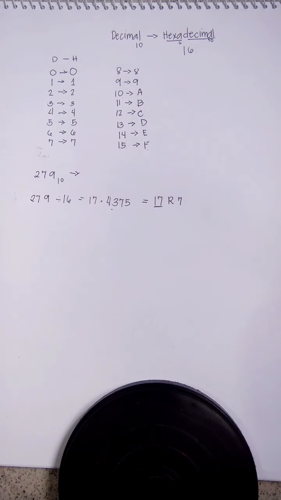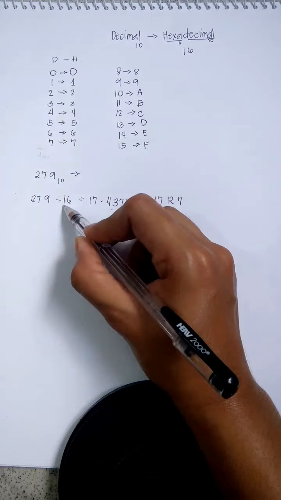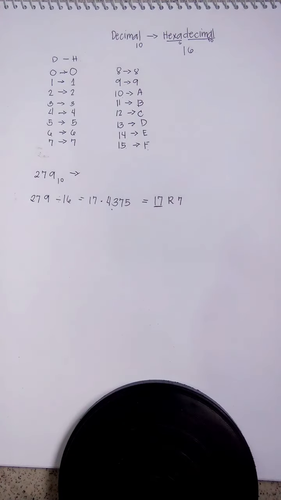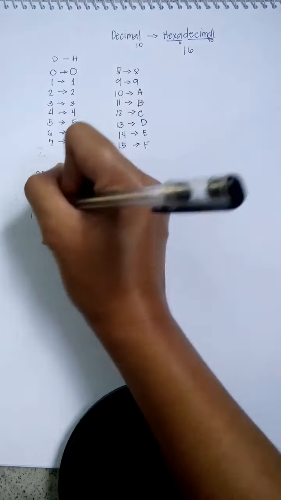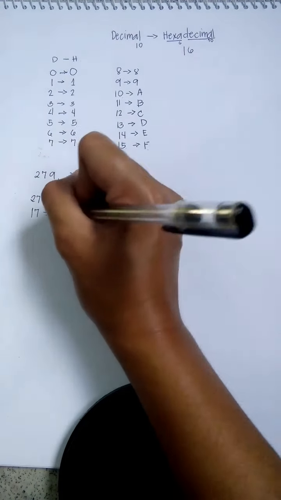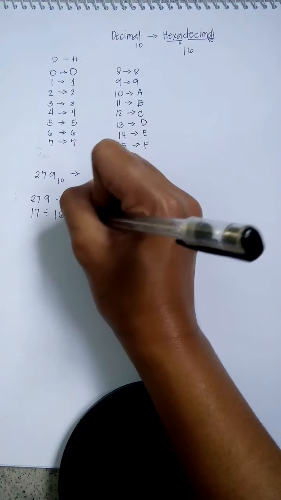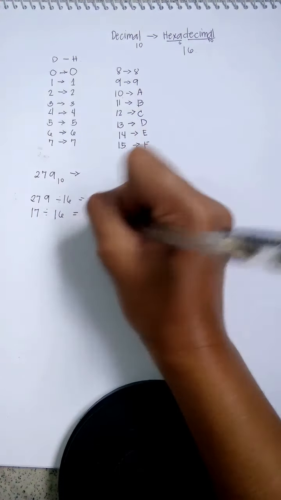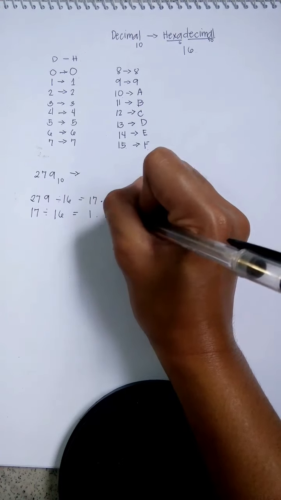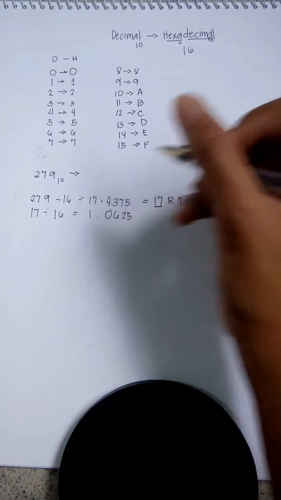Then start with this number 17 and divide that by 16. So let's move on to the next row. 17 divided by 16 is equal to 1.0625.